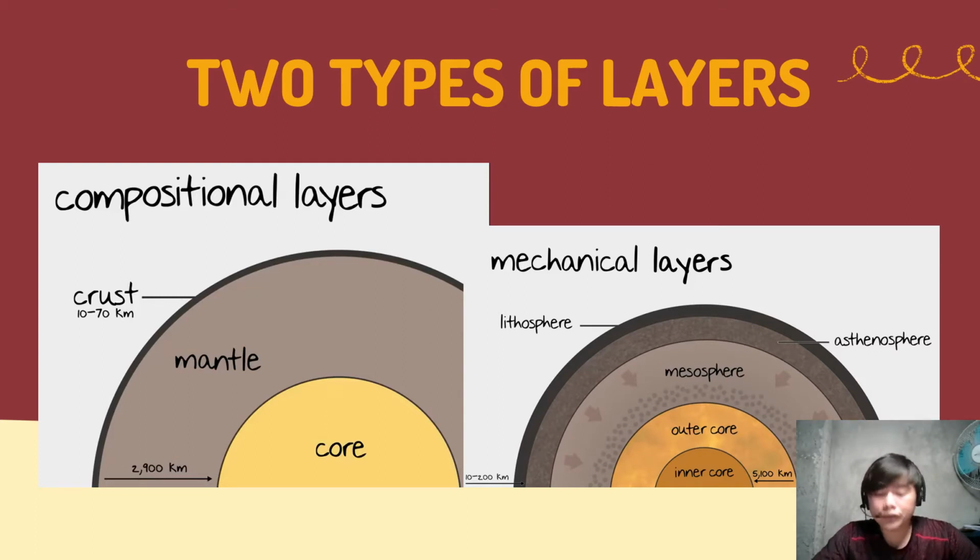The liquid outer core is extremely high temperature, which melts the metal contained in this layer into a liquid form. Think of the flow of lava and you have a good idea of what the liquid outer core looks like. And the last one is the inner core.